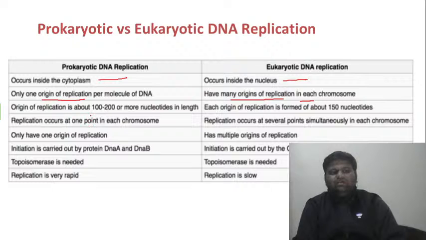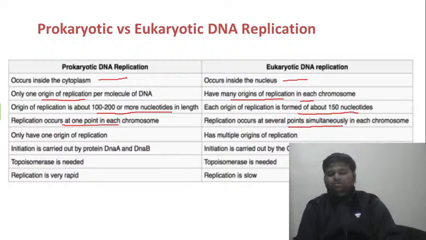An origin of replication is about 100 to 200 or more nucleotides in length, each formed of about 150 nucleotides. In prokaryotes replication occurs at one point in each chromosome, and in eukaryotes it occurs at several points simultaneously in each chromosome.